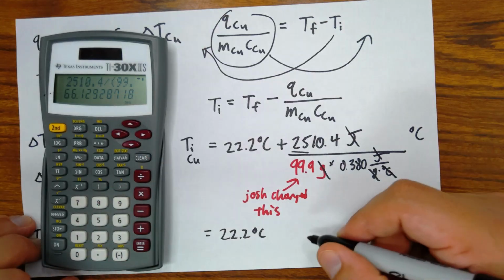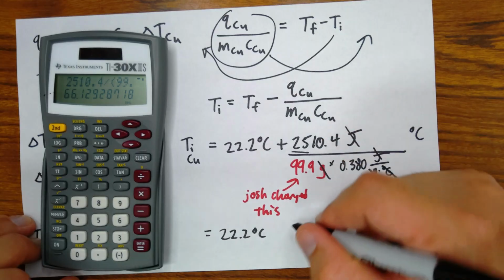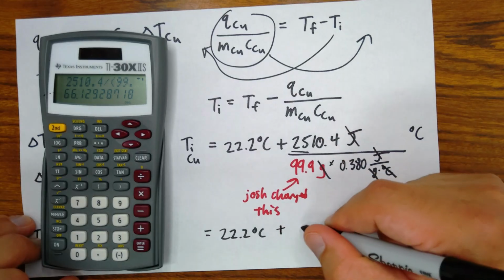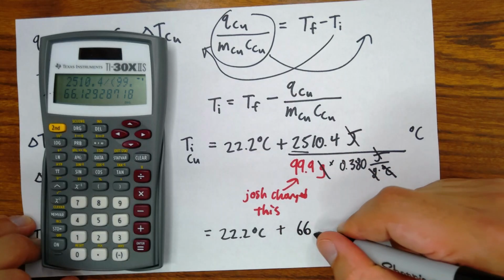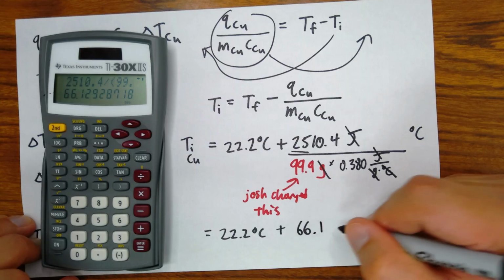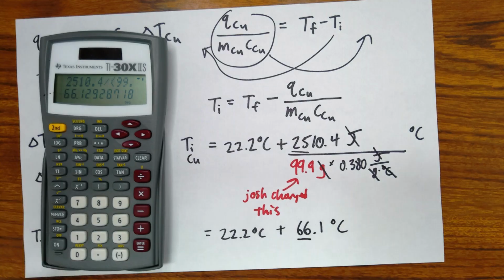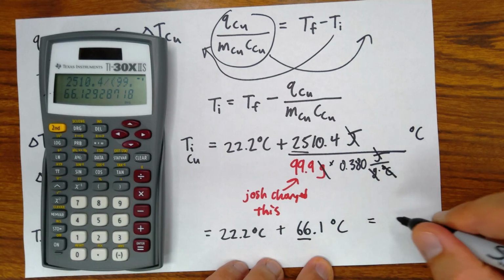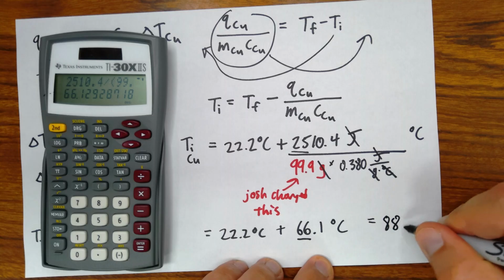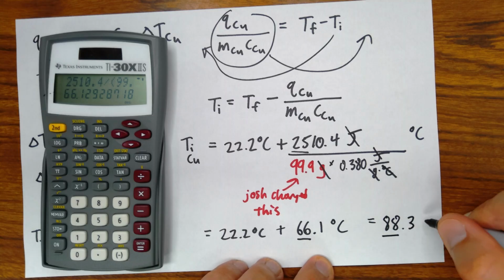So we get a 66.1 degrees C. So 22 plus 66, we'd get 88.3 degrees C.